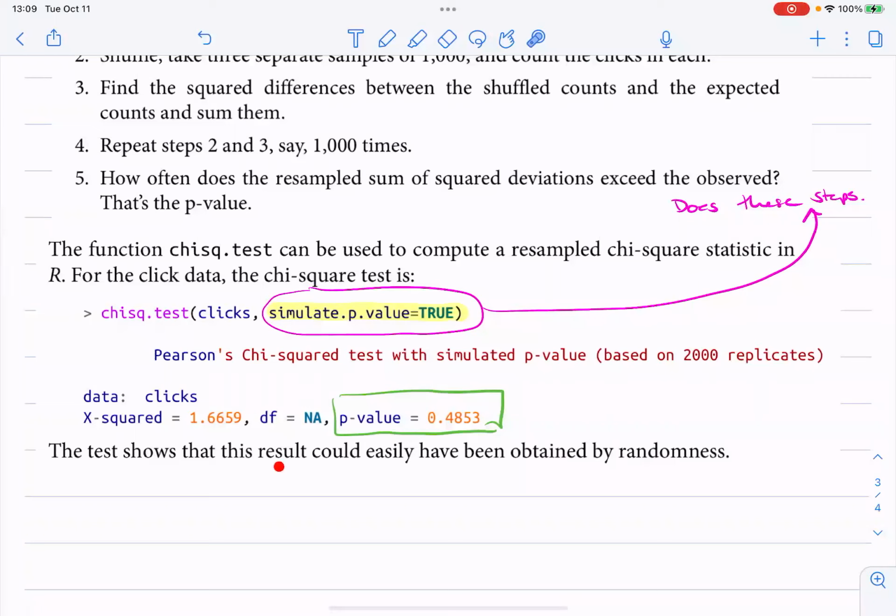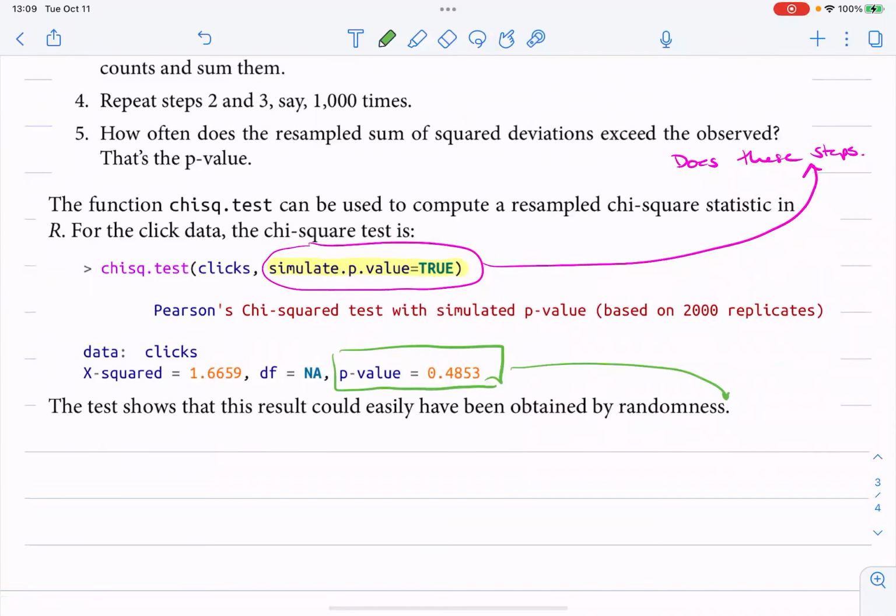So the test shows that this result could easily have been obtained by randomness, right? And I want to clarify here, since the probability of seeing something more extreme, right, with randomly generated samples, right, is 0.4853. So it's quite large, right?